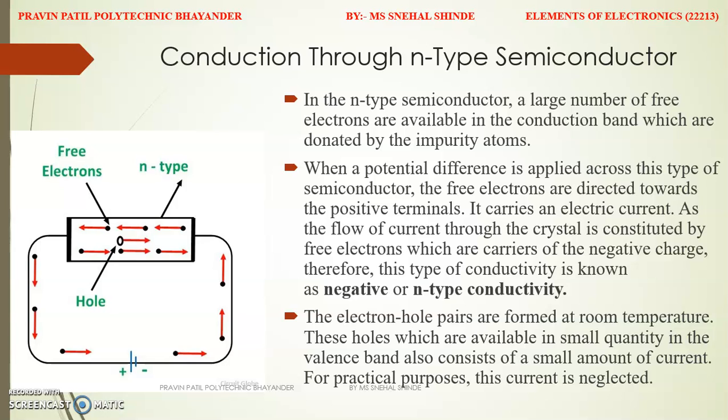The electron-hole pairs are formed at room temperature. These holes, which are available in small quantity in the valence band, also constitute a small amount of current. For practical purposes, this current is neglected.